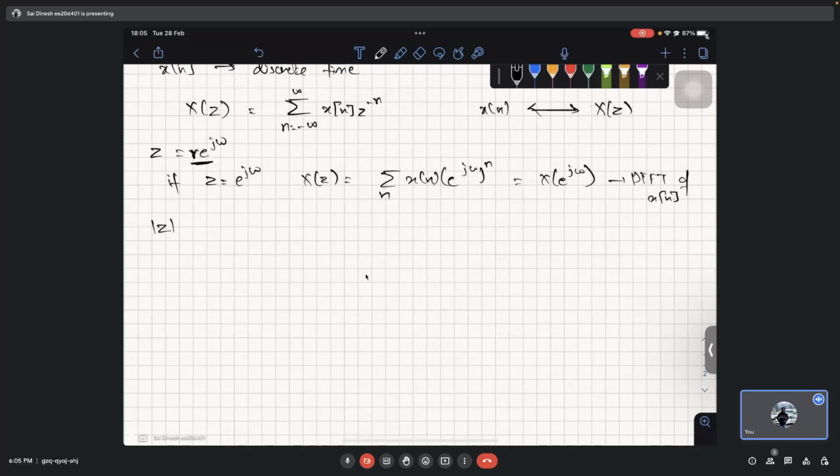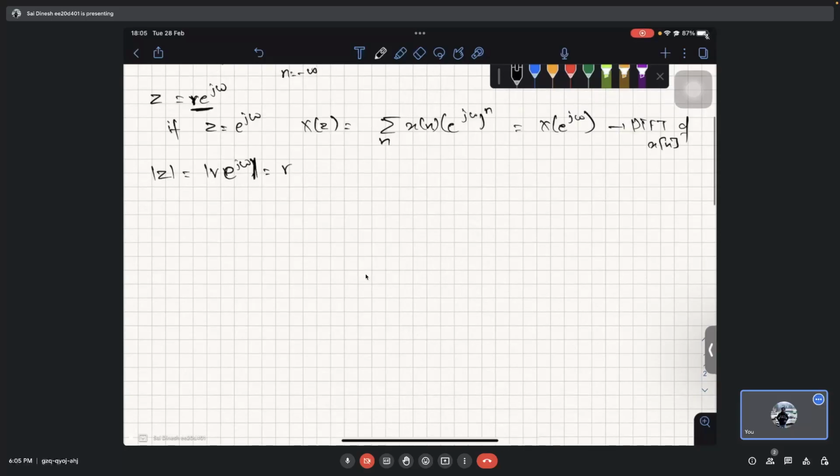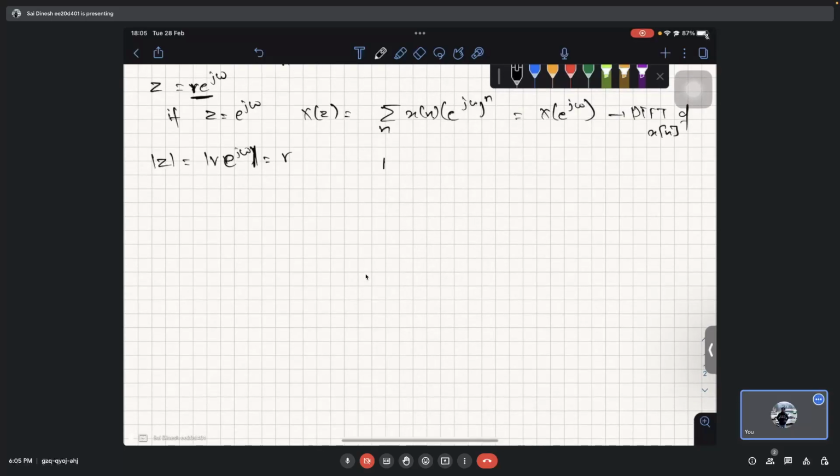Since mod of z is equal to mod of r e to the power j omega, which is equal to r, the z is usually represented in the form of circles in the plane with the real part of z and imaginary part of z.